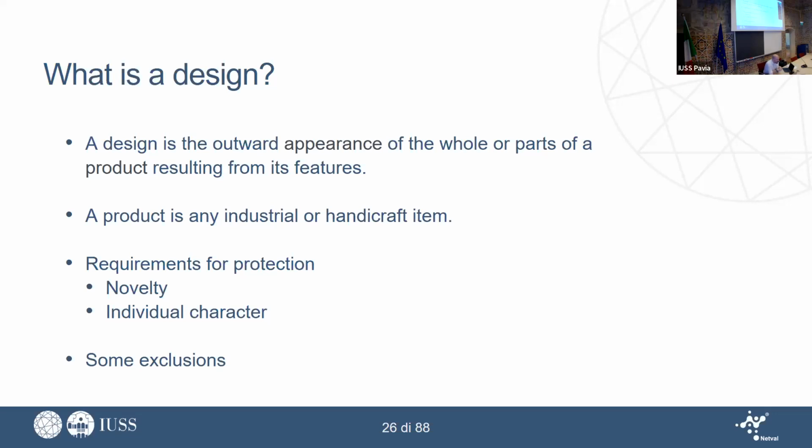The requirement of individual character is not met if another design which creates the same overall impression on the informed user has already been disclosed. Of course, there are some exclusions, like public order and morality, also in this case.